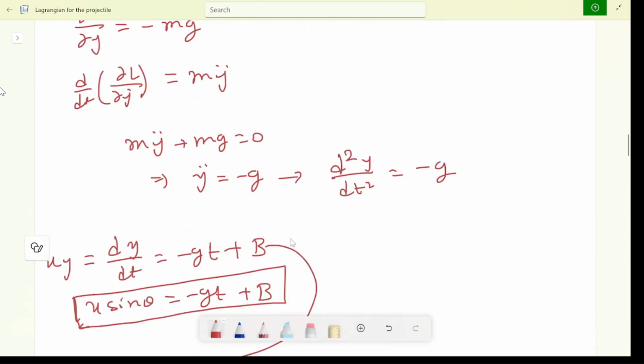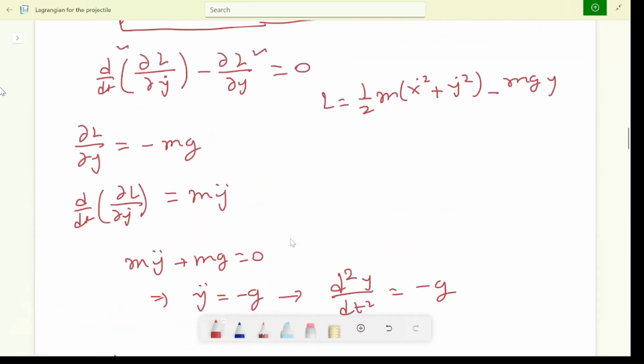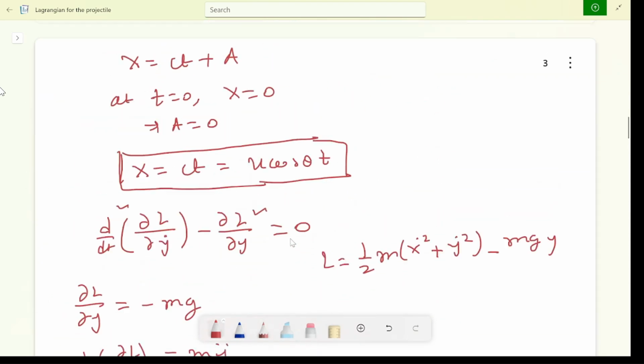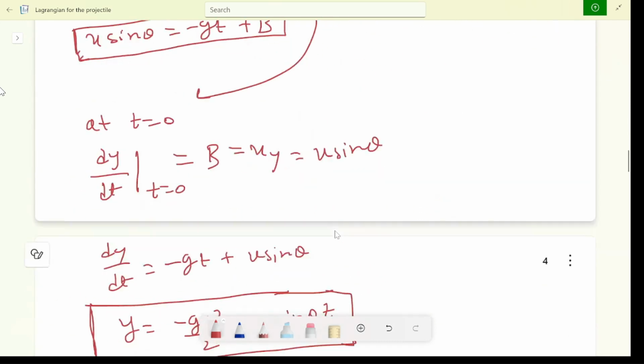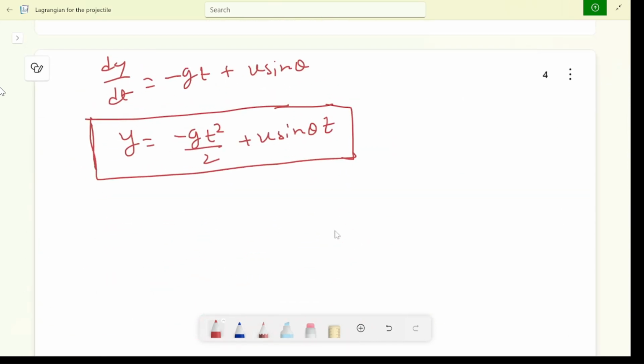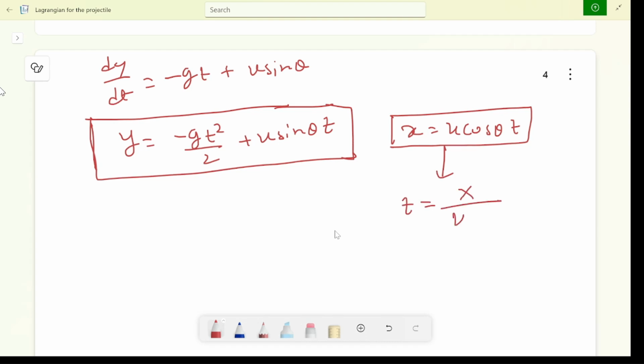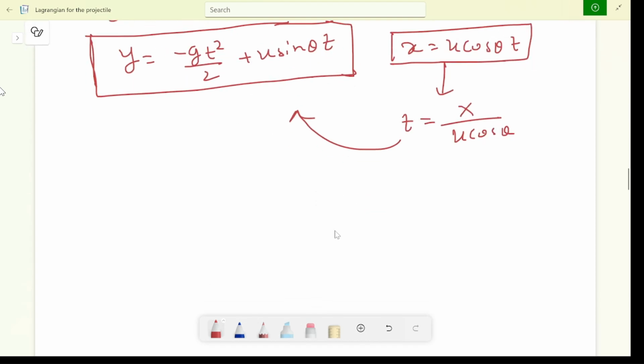So we had x is equal to u cos theta t. I'm just going to write it down over here. x is equal to u cos theta t. Now from here I can substitute for t. I can write t is equal to x by u cos theta and substitute this in this equation.